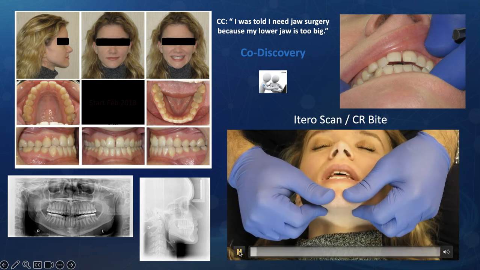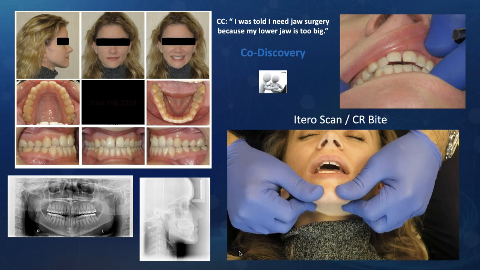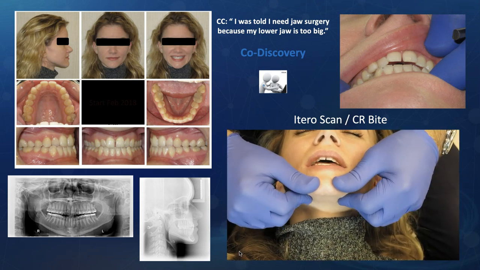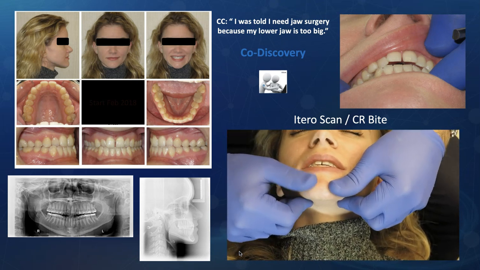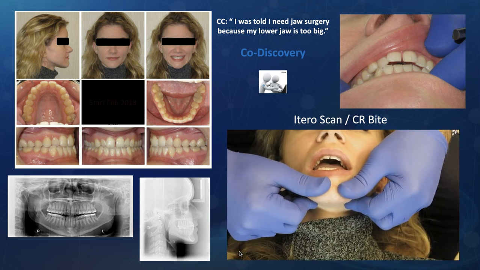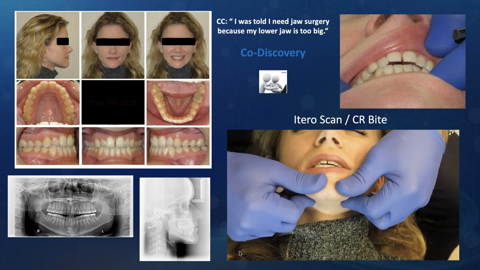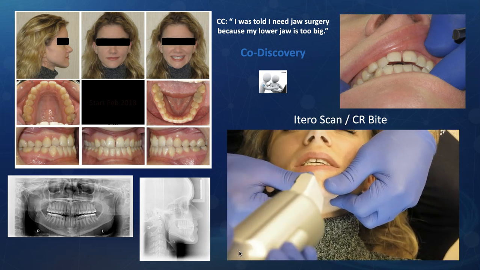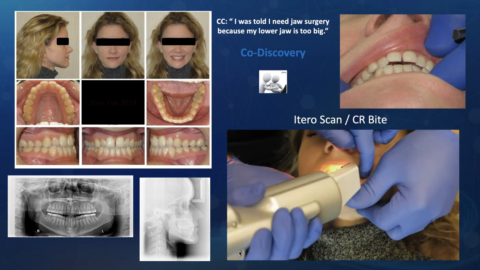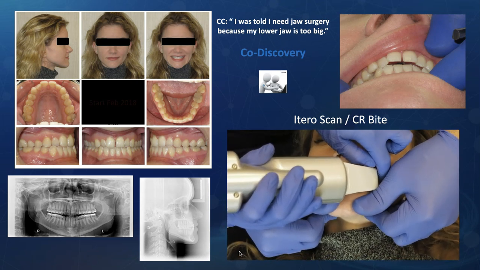Just relaxing, open, and just let it go loose. You're videoing already? Just slowly close till it first touches, and then stop. Open, just let it go loose again. It's touching now, right? Okay, so hold it like that, and we're going to take the bite, okay? I'm just going to sneak this down the side here, Becky. Okay. You and I will stay still, and she'll do the sneaking.